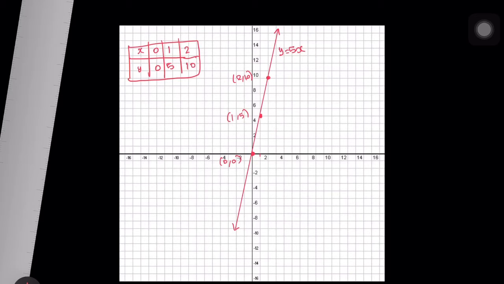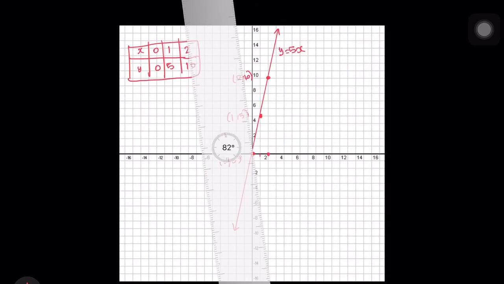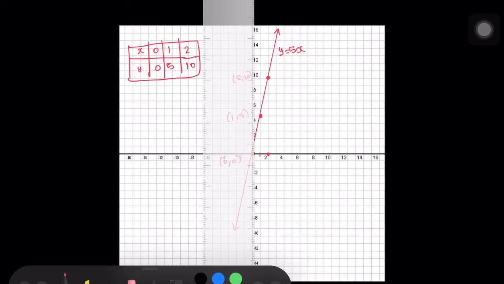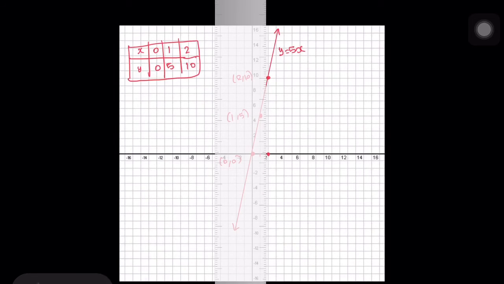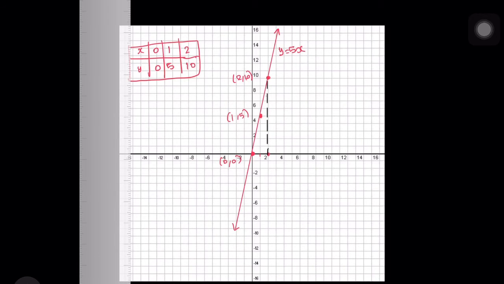The first one: we need to find the work done when the distance traveled is 2 units. At 2 units on the x-axis, we measure the value, and we get the work done as 10 units.